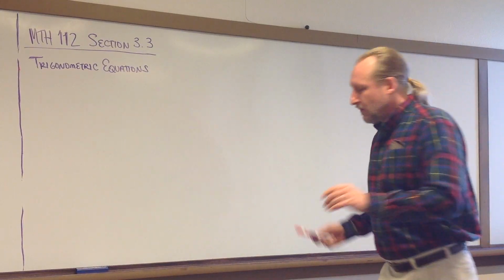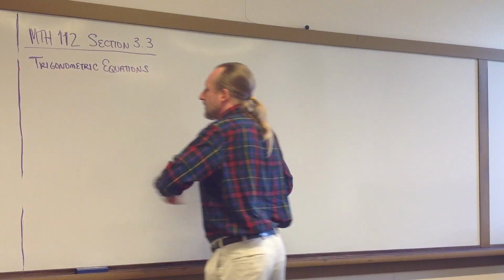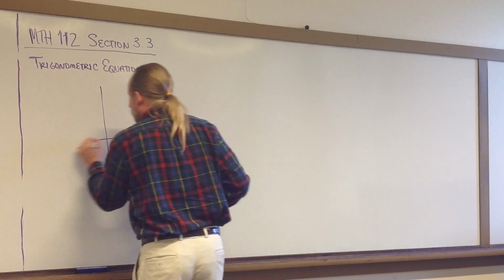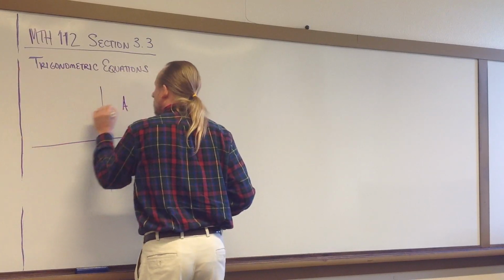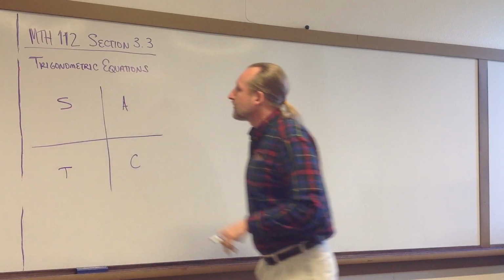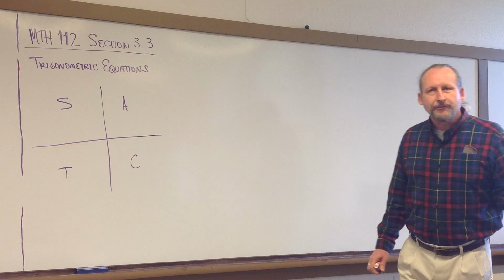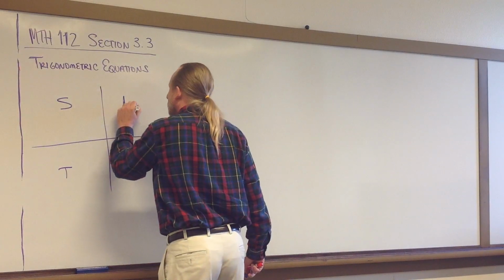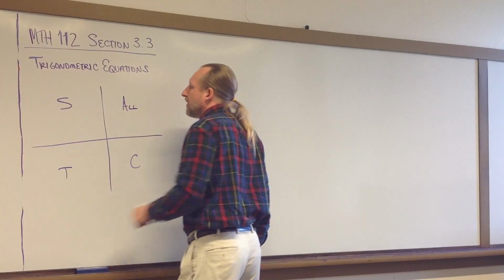So the first thing I want to talk about for this section is this diagram that we first talked about in chapter 2. And this determines which of the trigonometric functions are positive in which quadrants. Okay? In the first quadrant, they're all positive.